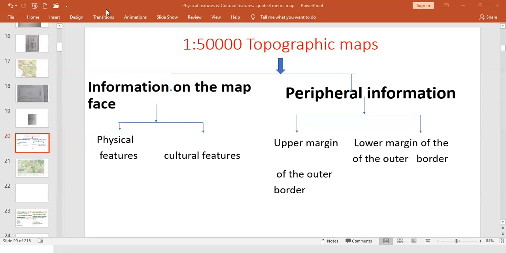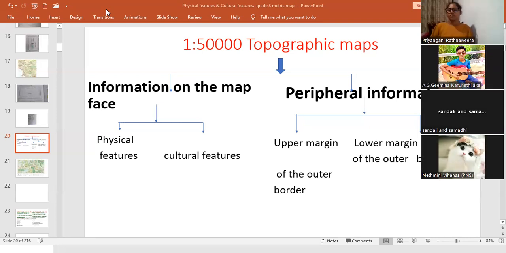What are the examples for administrative boundaries? Provincial boundary, very good. Tell me all the boundaries. District boundary.